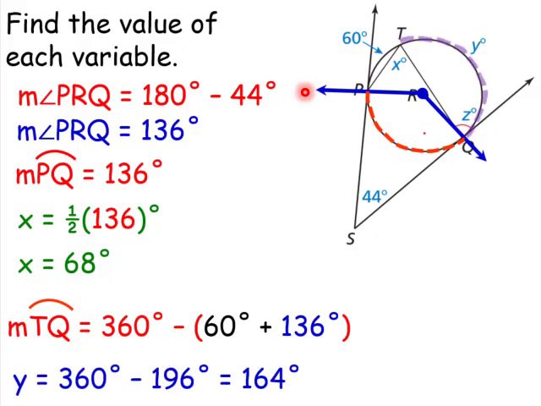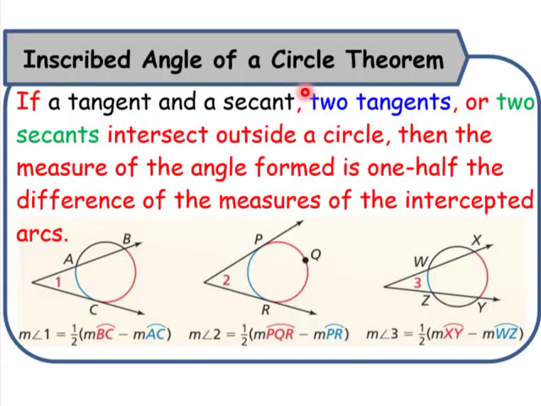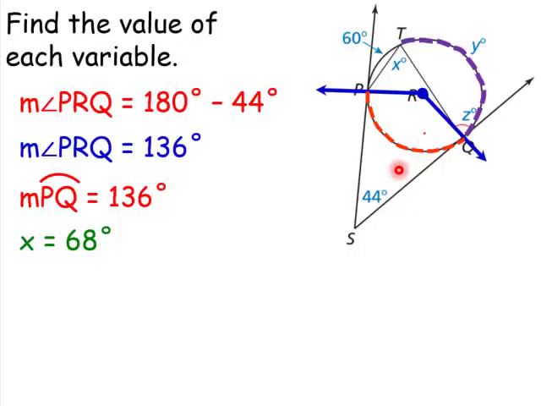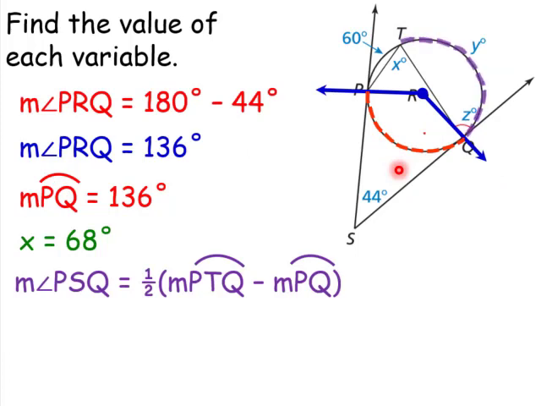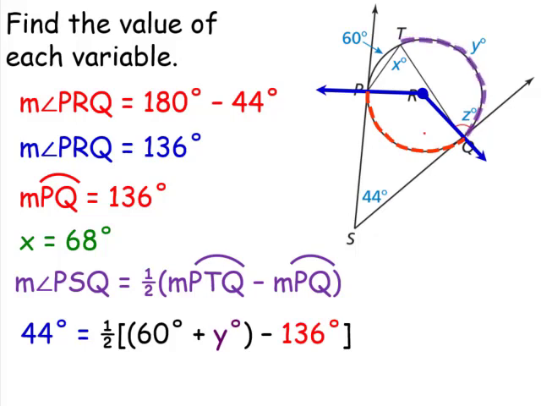Another way we can find the value of y is to use the angles outside the circle theorem. This states that the measure of angle 2 is equal to half the difference of the two arcs. The measure of angle PSQ is equal to half the difference of these two arcs. This is the entire arc PTQ minus PQ. Substitute our values in.